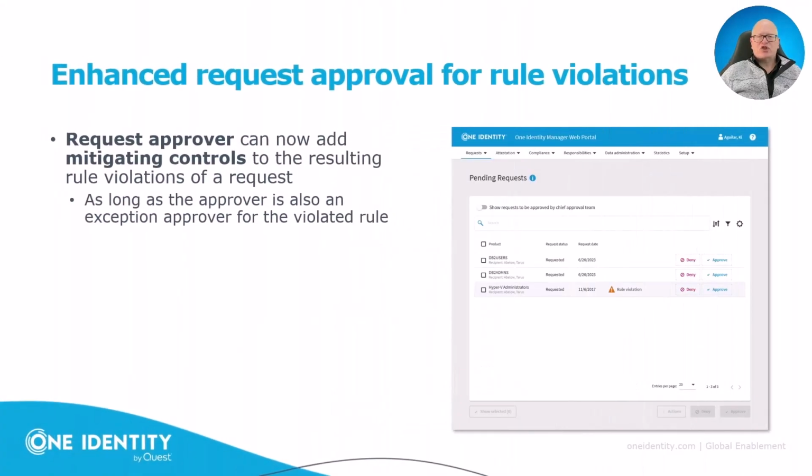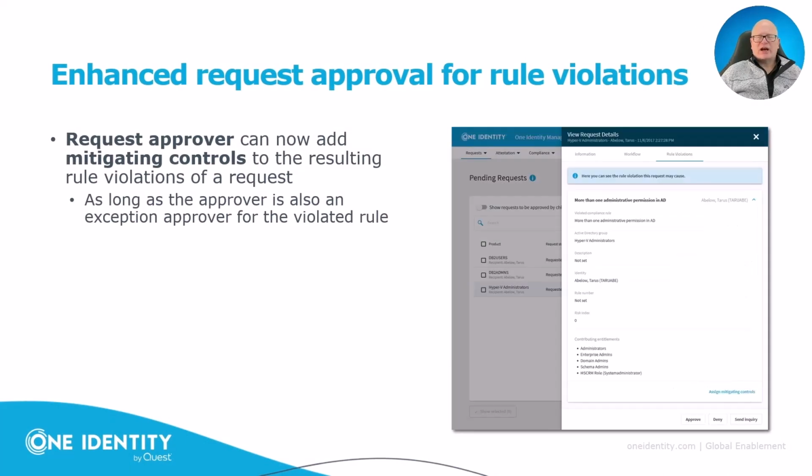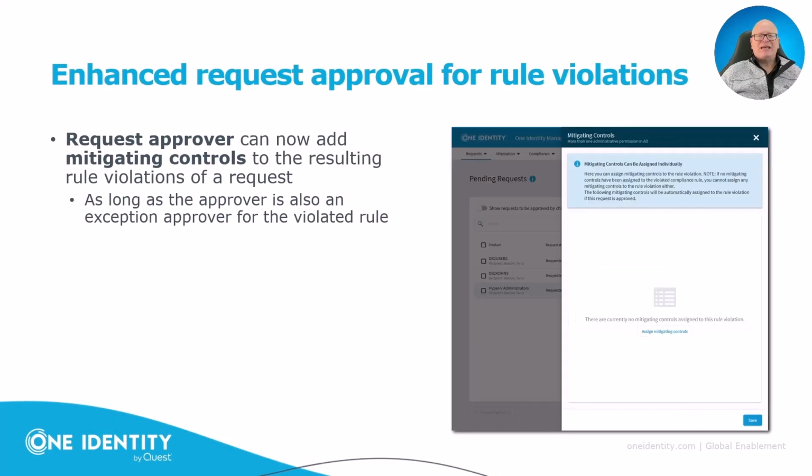Another very nice feature on rule violations is the ability to assign mitigation controls to a rule violation. For example, as a CISO, if I grant an exception, it typically just increases the risk of a specific person. If I get something exceptionally, which typically is not allowed, this will increase the risk.